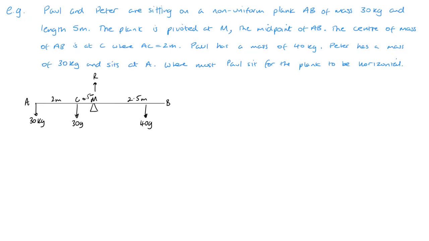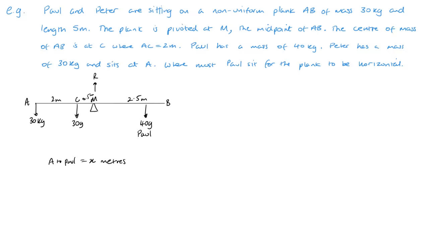Let's call this P for Paul. Paul and Peter, that's a little bit annoying. So A to Paul equals x meters.